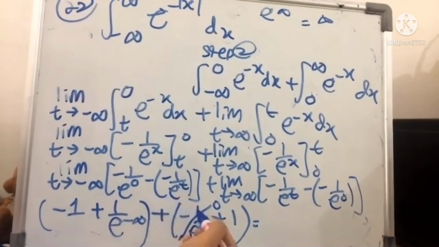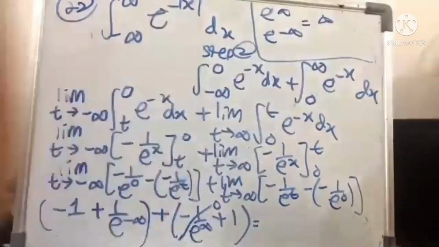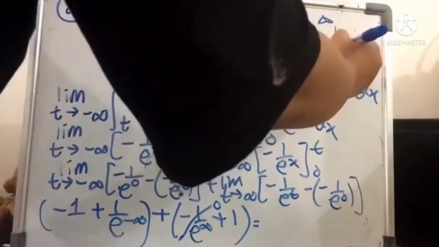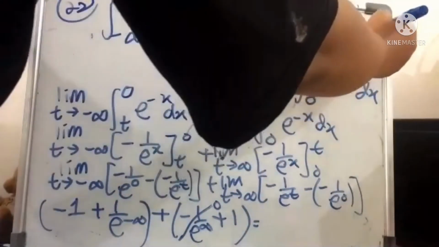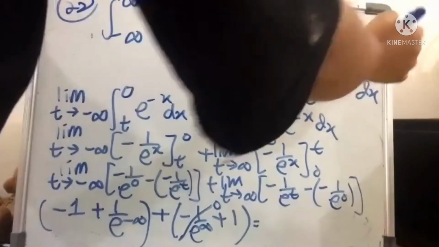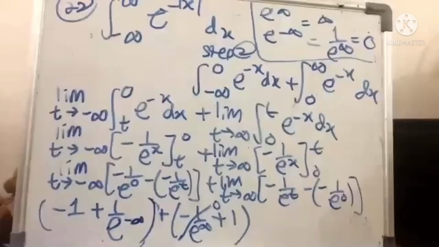Here is e to the power of negative infinity. So e to the power of negative infinity means 1 over e to the power of infinity, which is 1 over 0. 1 over 0 is infinity. Sorry.